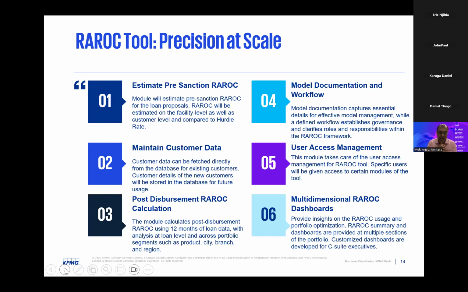So what we have seen again, when the relationship manager will source a particular credit application because he has to meet his business targets, he will typically tend to give very positive responses about the customer, that, look, the customer is going to give me around 15% RAROC, 18% RAROC. But many a times we have seen that after a loan is disbursed, many of these credit facilities are not utilized by our clients.